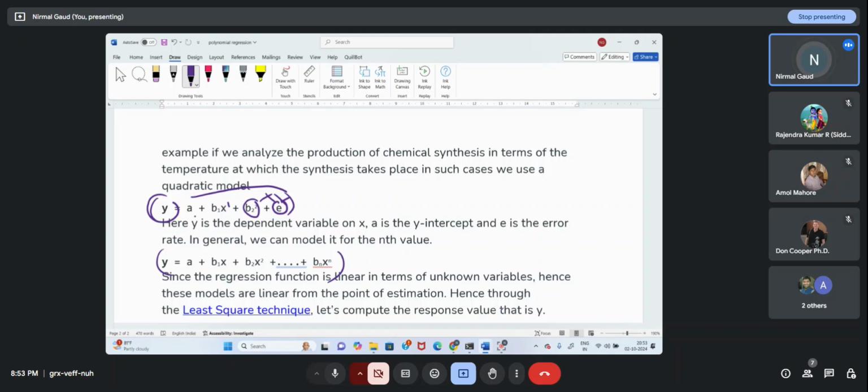If I write y equal to mx plus c, or y equal to mx plus c square, it is still degree 1, because the power of x is 1, so it is linear. Both are linear equations.